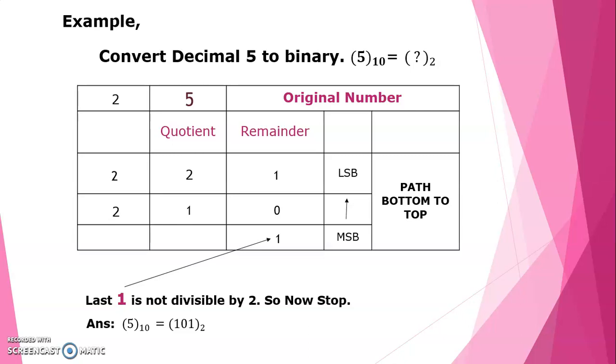You have to follow the path bottom to top. That means decimal number 5 gets the binary number 101. That is from bottom to top. You can see the direction MSB to LSB. In that direction you have to follow the values of the remainders.